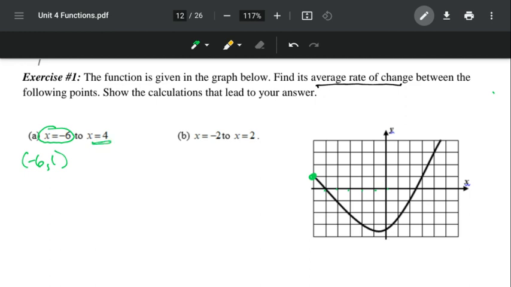Now we have x equals 4. 1, 2, 3, 4. Here's our graph, and this is the point 4, 3.